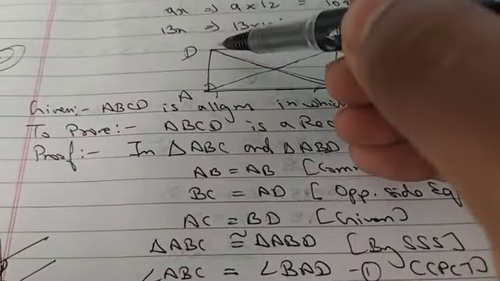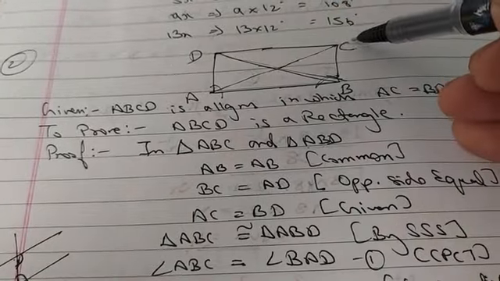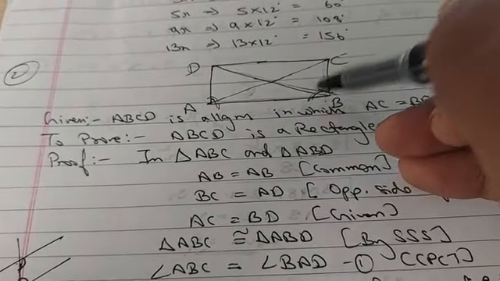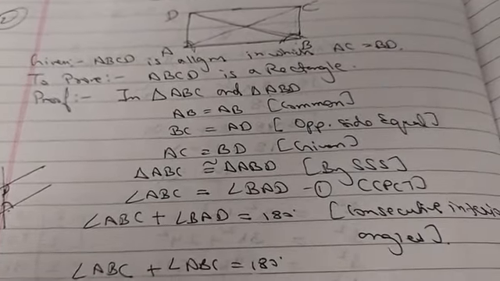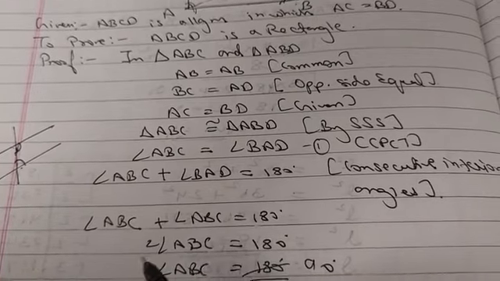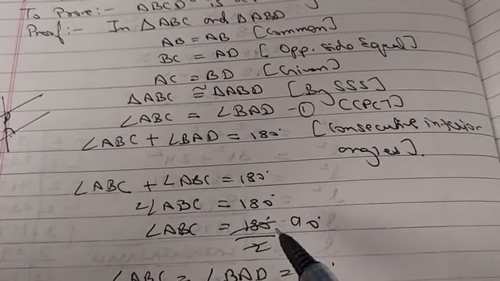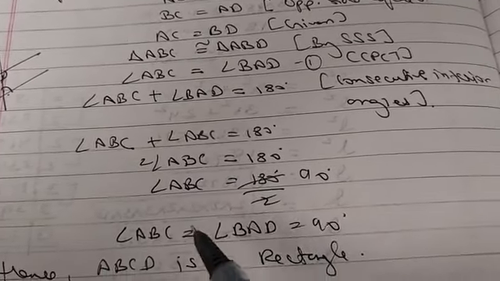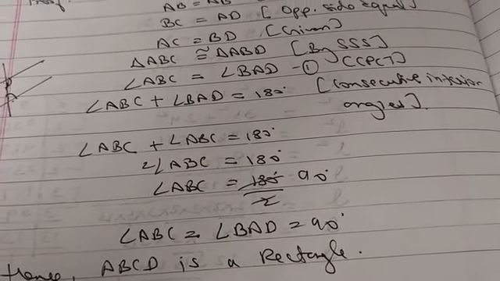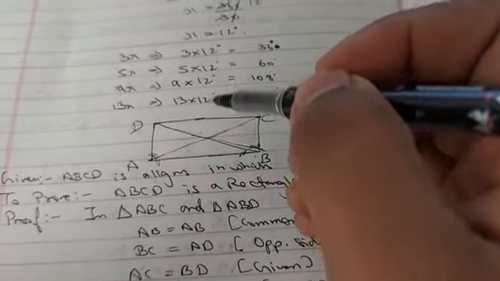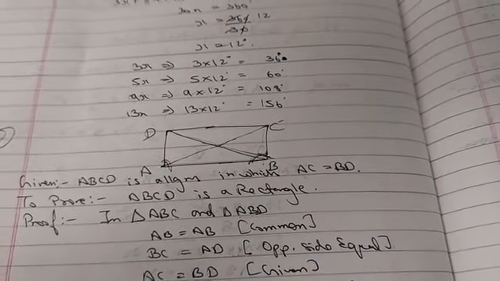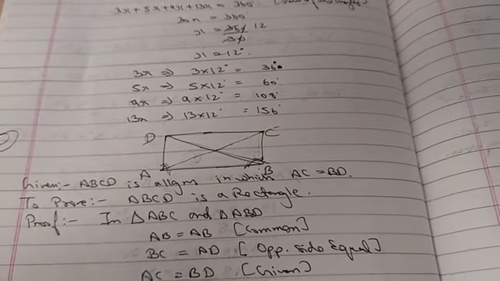Similarly here, these are the parallel lines, and the sum of these inside angles is 180 degrees. So now in the place of BAD I can write ABC also, 2 times ABC equals 180, so ABC is 180 upon 2, which is 90, which means ABC and BAD are both equal to 90 degrees. So hence ABCD is a rectangle. If this is 90, this is 90, similarly all angles are 90, so we can say that it is a rectangle, not just a parallelogram now.